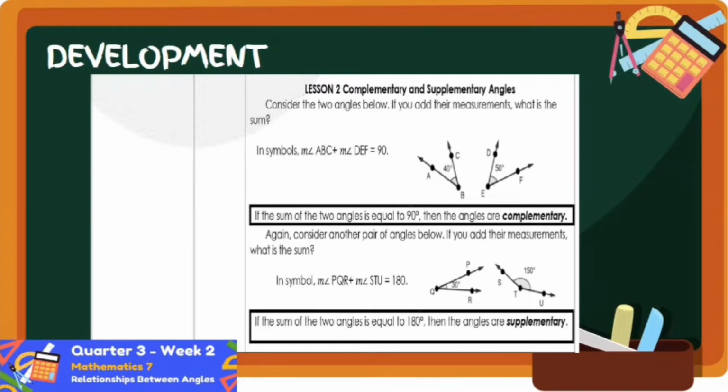Again, consider another pair of angles below. If you add their measurements, what is the sum? In symbols, measure of angle PQR plus the measure of angle STU is equal to 180. If the sum of the two angles is equal to 180 degrees, then the angles are supplementary.